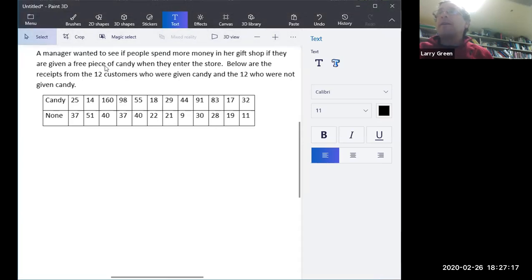A manager wanted to see if people spend more money in her gift shop if they are given a free piece of candy when they enter the store. Okay, you ever been to a store and they gave you some candy or some little gift? Yeah, Costco's one of them.